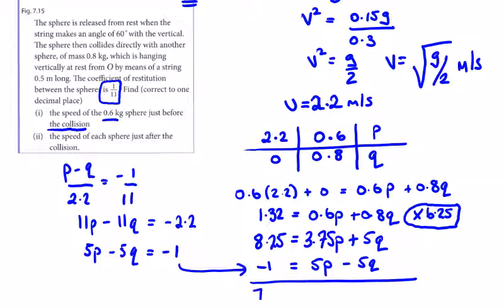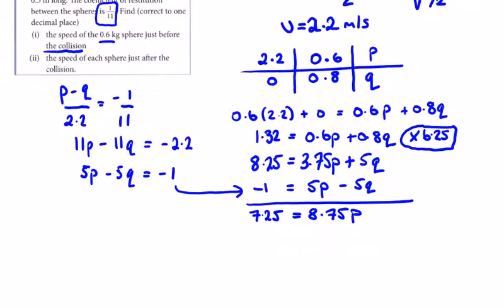Adding these two lines, I'm going to get 7.25 is equal to 8.75p, giving me a value for p of 0.83. If I round it off, 0.83. Sorry, not 4. It's coming up at 828, so 0.83.